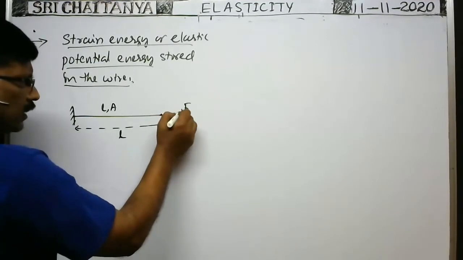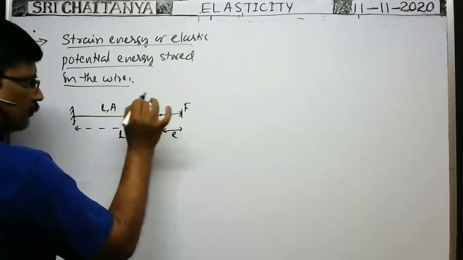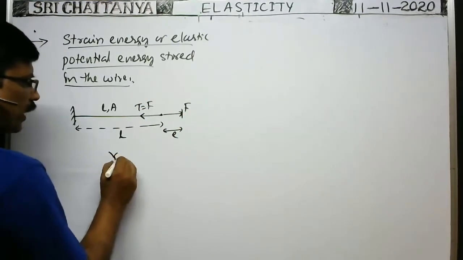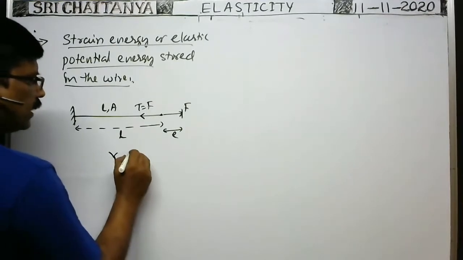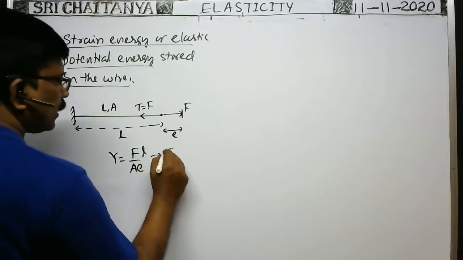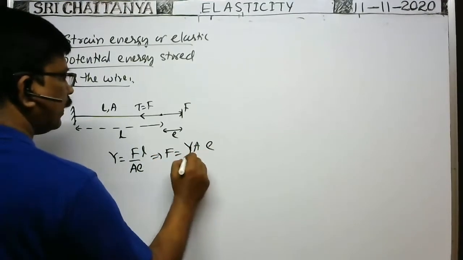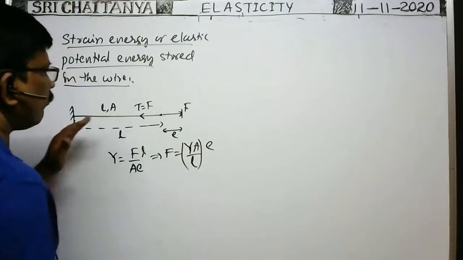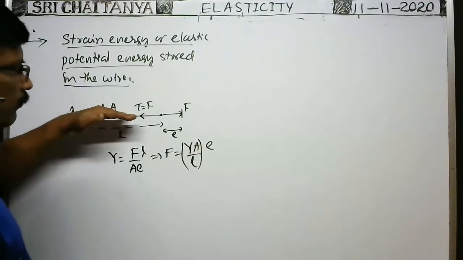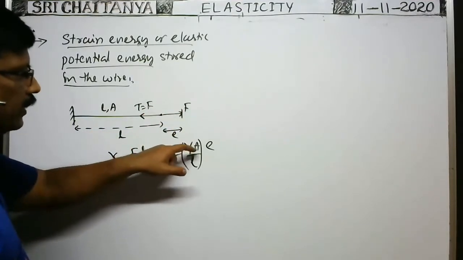Whatever the applied force on the wire is F, the same amount of restoring force is developed as the tension. So from the Young's modulus, Y is equal to (F by A) by (e by L). From this, F is equal to Y A e by L. For the given wire, the restoring force developed in the wire, equal to the external force, is equal to something into e.